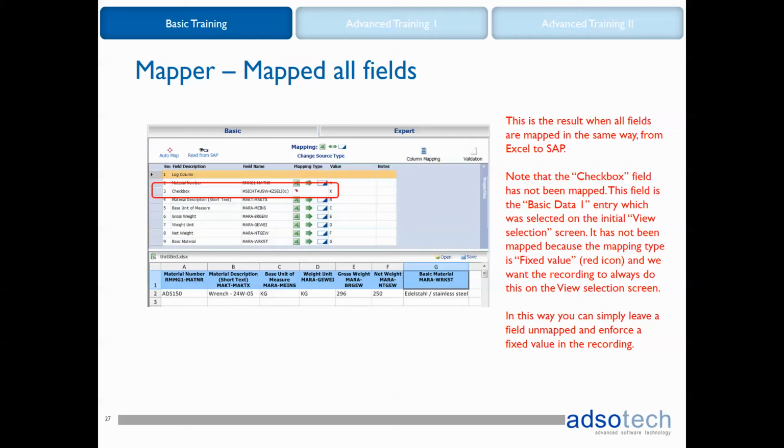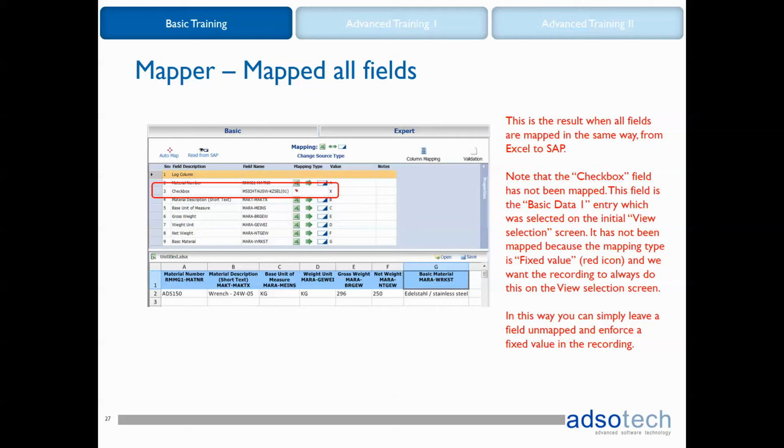We can simply put a fixed value of kilograms into the script and then not see weight unit in Excel at all. In that case, if we had not dragged and dropped weight unit, we would simply leave it as a fixed value.